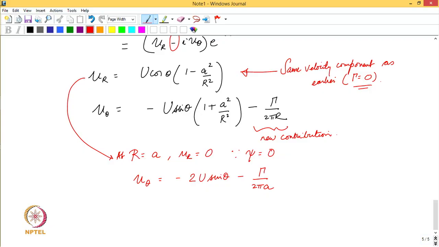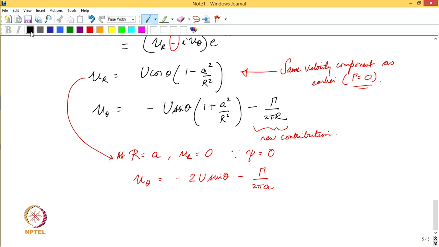Now, a way to draw the flow field in this situation is to first identify where the stagnation points are for this new situation. Remember, the stagnation points are points where we say that the velocity is 0. In our case, that would mean that u r and u theta are both 0.